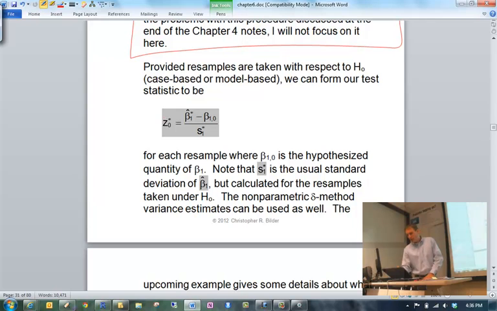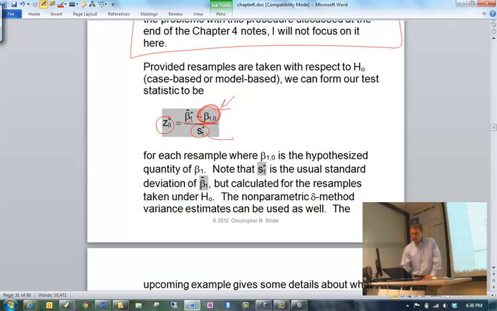So what we would do is form a Z0 star, let's say, that contains your beta hat 1 stars, which came about, again, assuming the null hypothesis is true, minus some hypothesized value of your beta 1. You've got to be careful about what that actually should be. And I'll discuss that in our example.